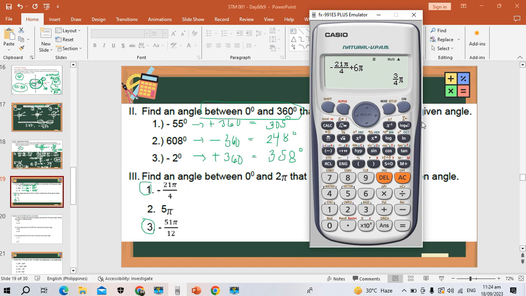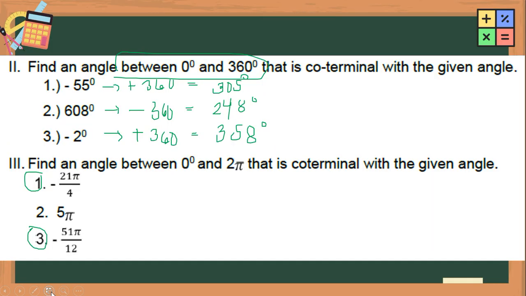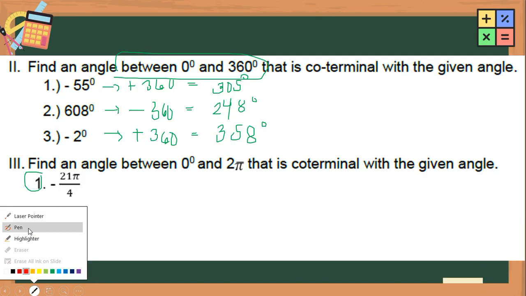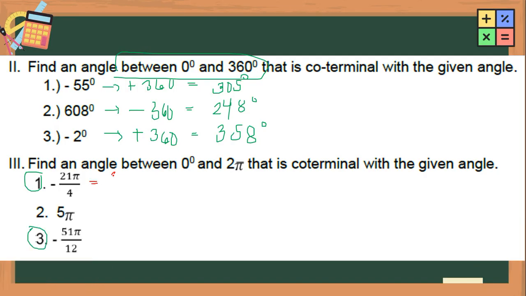It is between 0 and 360 now. So 3 pi all over 4 is the answer if it is negative.